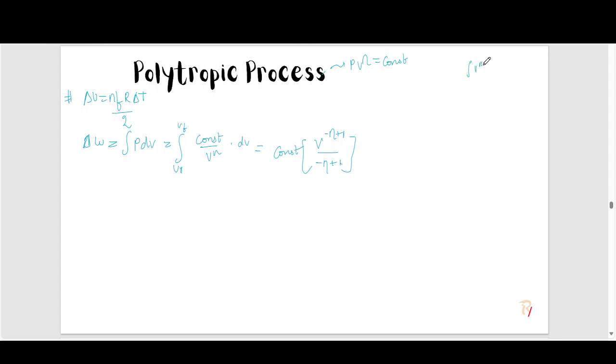Since the integration of V to the power of n is nothing but V to the power of n plus 1 by n plus 1, a basic formula. From this we can derive this. Constant upon, here we forgot to write V final and V initial. Constant upon, interchanging this, I get 1 minus n into Vf to the power of 1 minus n minus Vi to the power of 1 minus n.